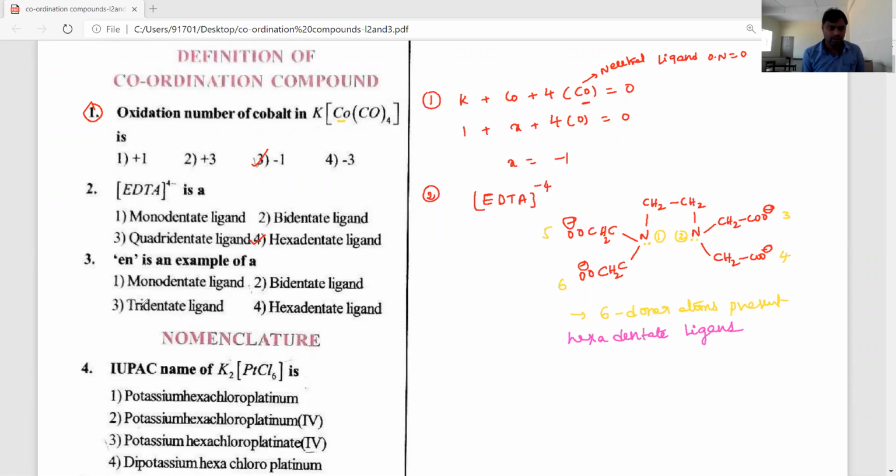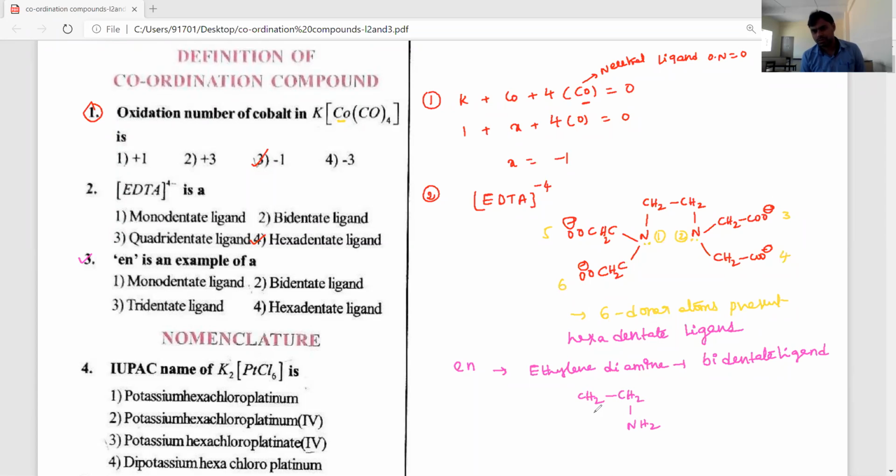Okay, now let's see the third one. En is nothing but ethylene diamine. Ethylene diamine is a bidentate neutral ligand, neutral only because its oxidation number is 0.